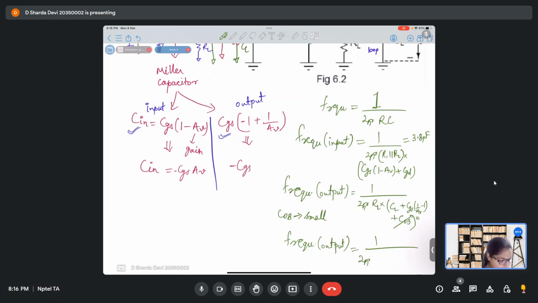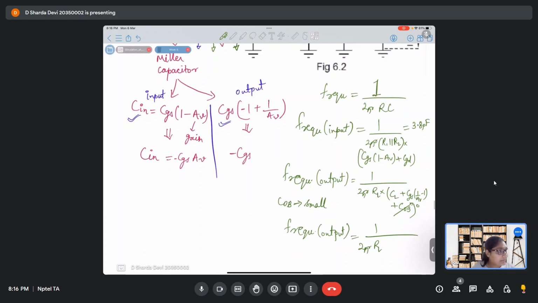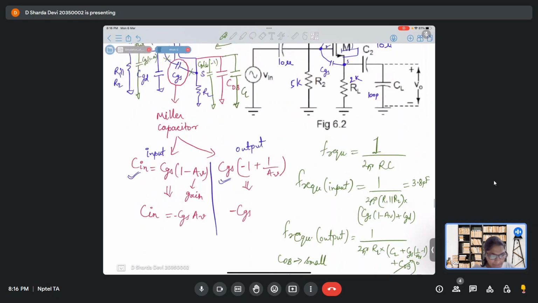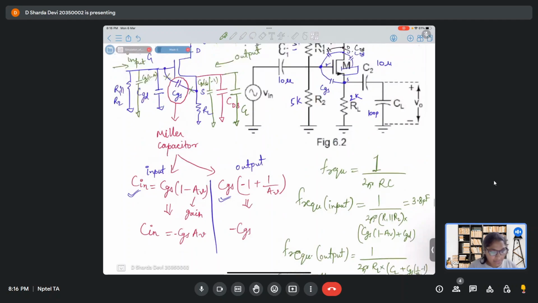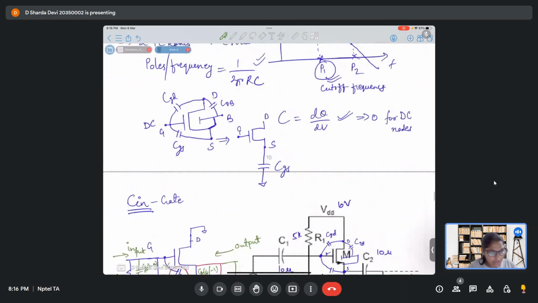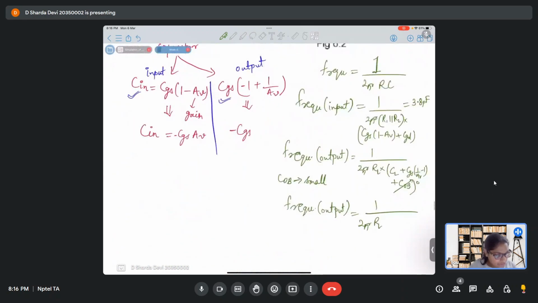So it will be 2 pi RL. No, not RL. Here R naught will come because this intrinsic R naught was not 0, lambda was present. So it won't be RL, it will actually be R naught.